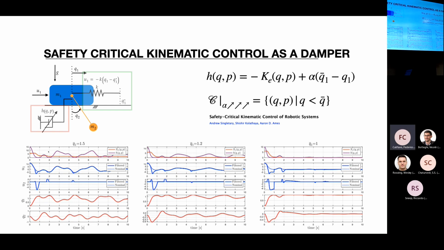I mean, what's pretty illuminating is the case Q bar equal to 1. No? Here I have a nominal controller, which would push the system to Q1 and then oscillate forever around Q1. Instead, I add to this logic a CBF which says, please be less than Q1.